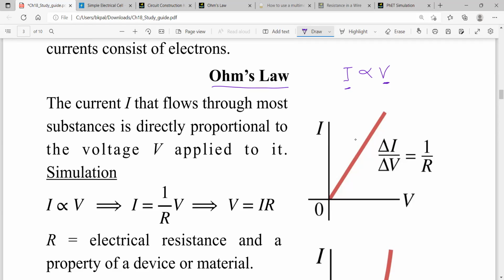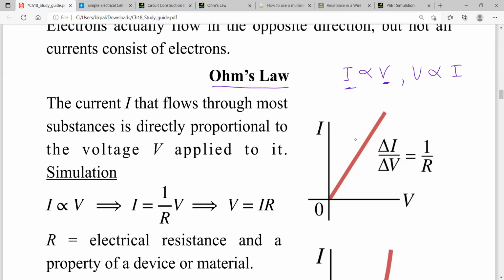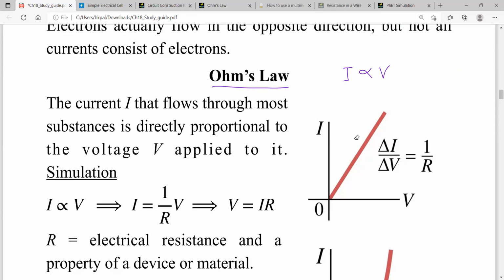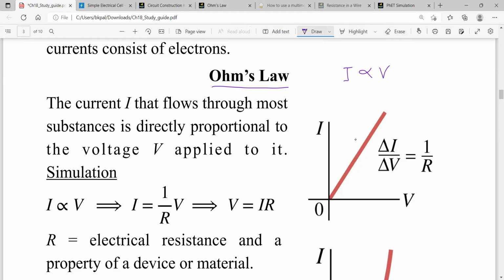In some textbooks it is just written something like this: V is proportional to I, or I is proportional to V. Both are the same thing. Now, if I want to write an equation from this proportionality, I will need a constant, a proportionality constant.